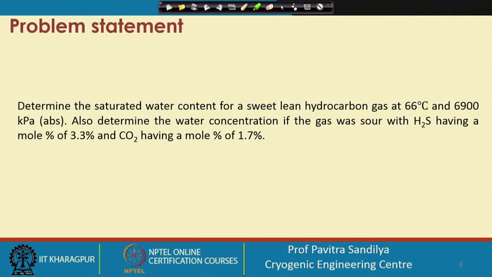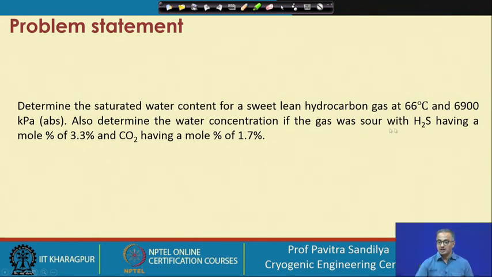So, first let us look into the problem. In this problem we have to determine the saturated water content for a sweet lean hydrocarbon gas at 66 degrees centigrade and at this particular absolute pressure. And also we have to determine the concentration of the water if the gas were sour, with 3.3% H2S and 1.7% carbon dioxide.